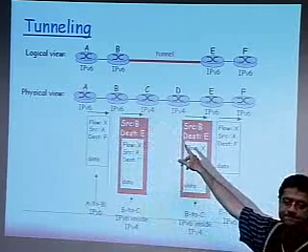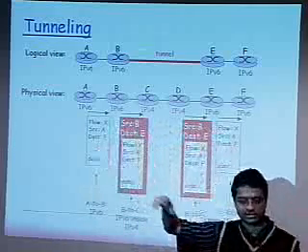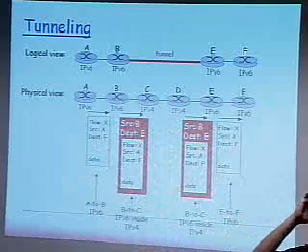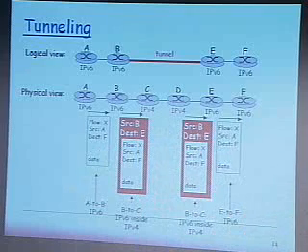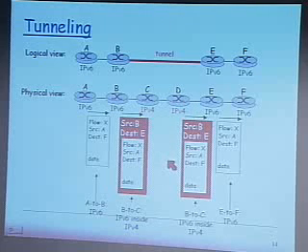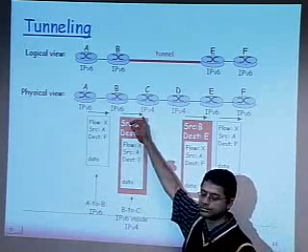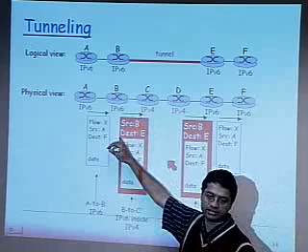I'm sorry? So you said what happens when you make the first connection. So what do you mean by the first connection? Right. So V6 is talking to V4 using a V4 packet.